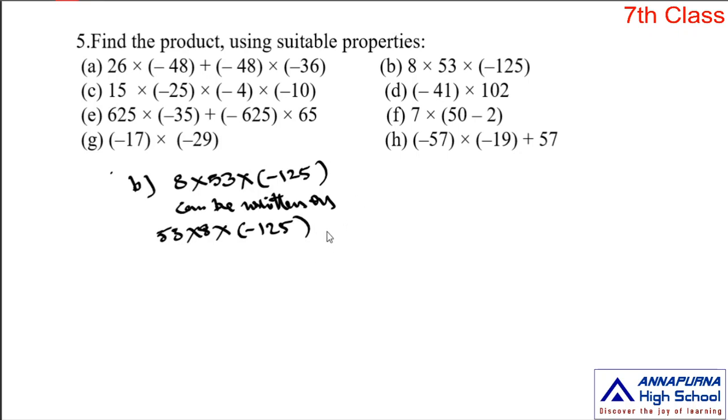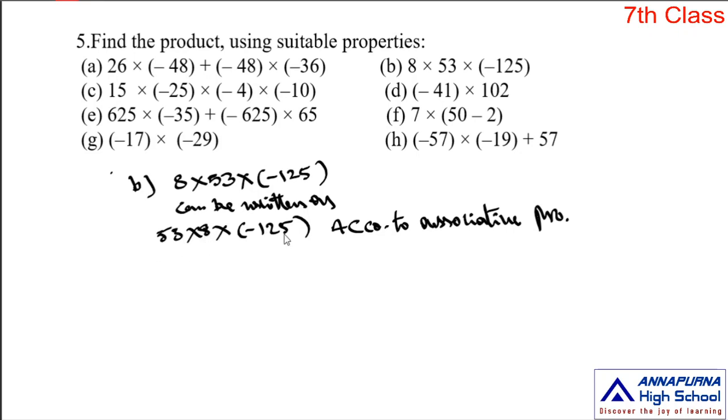Now according to the associative property, just multiply 8 and 125, which gives 1000. That is easier to multiply with 53.